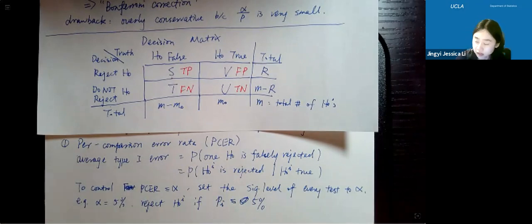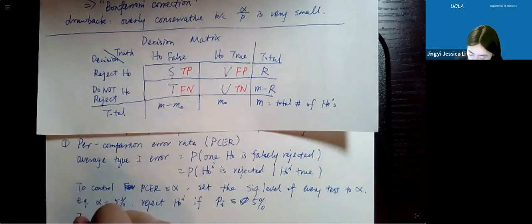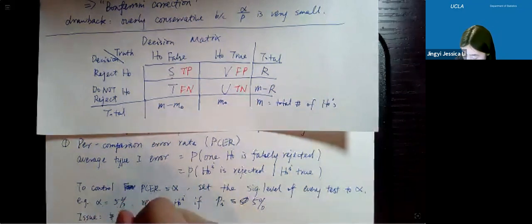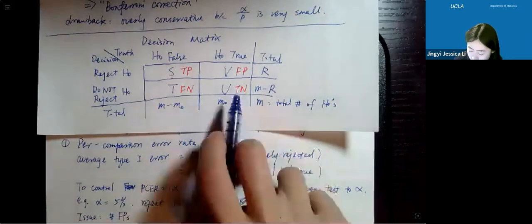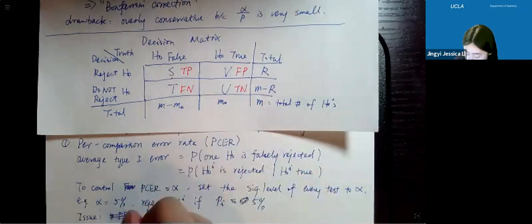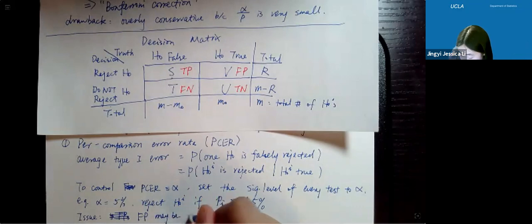However, as we said, this per comparison error rate is not so meaningful because the number of false positives would linearly increase as the number of tests increase. So that's the problem. The number of false positives may be too large, and that's not good.